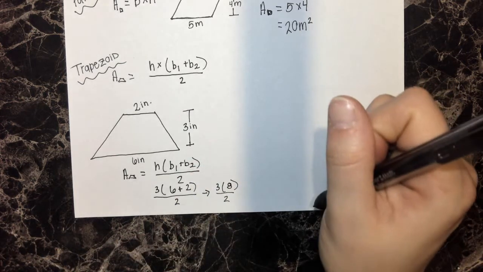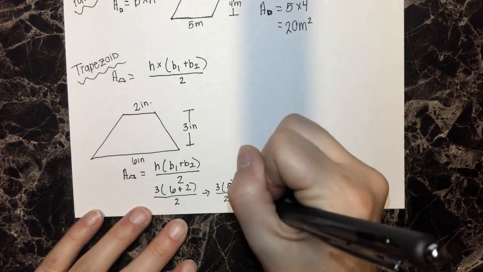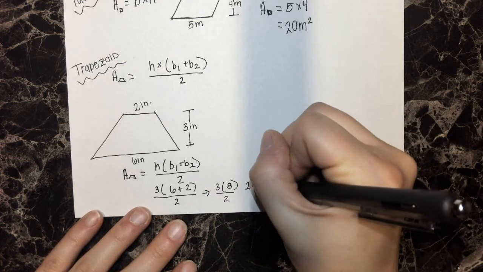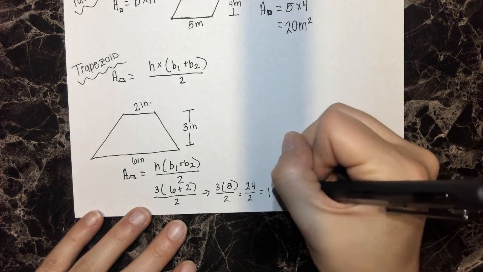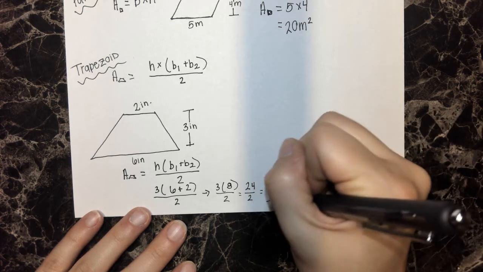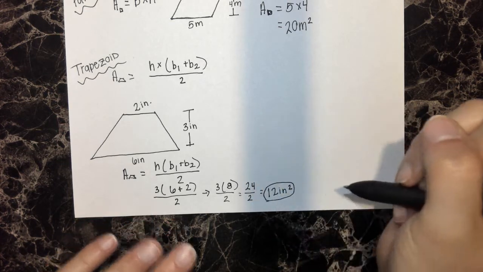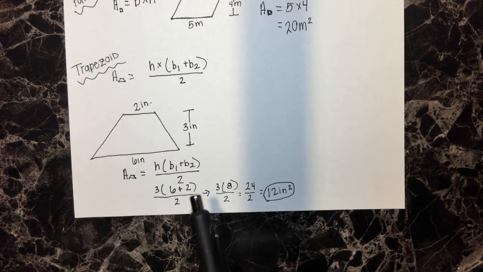If this was written out left to right, I would start at the top and work my way down. So 3 times 8, you would get 24, and then you would divide by 2, and your final answer would be 12 inches square. Okay, sometimes with area we circle the answer if you have a lot of work, so you can see clearly where your answer is.